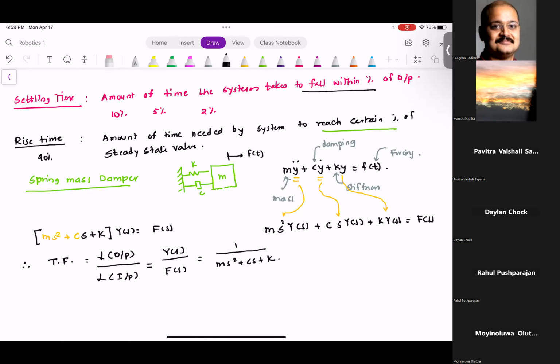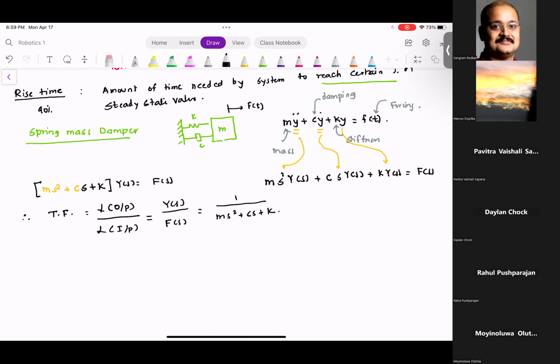So a classic way of controlling the system is by means of something called the PID control. So PID control is proportional, integral, derivative control.